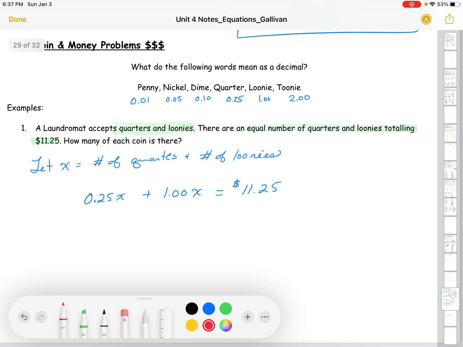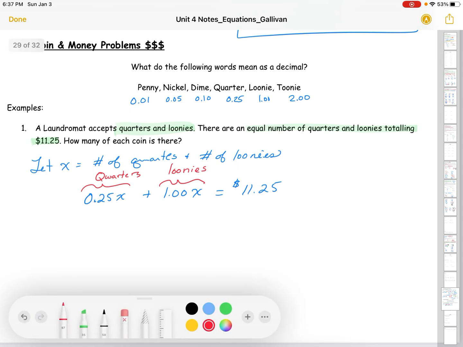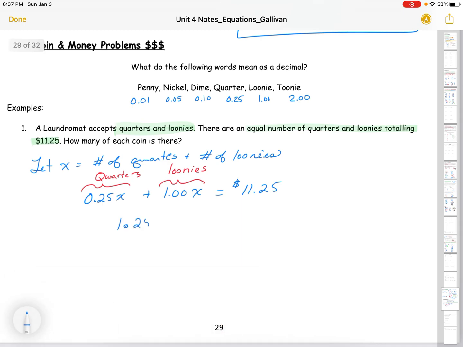Okay? So, just so we know, this is quarters, and this is loonies. And that's how much they are in monetary value. So I can add those together and I get 1.25x equals 11.25.